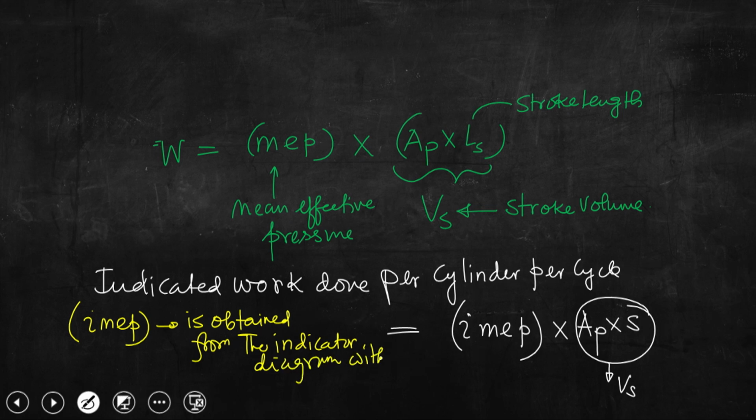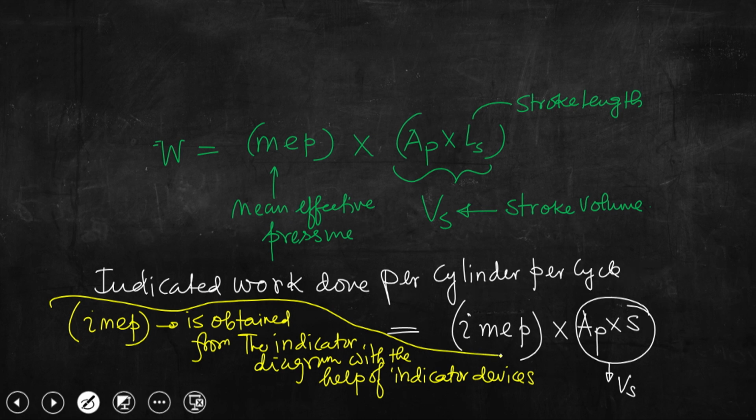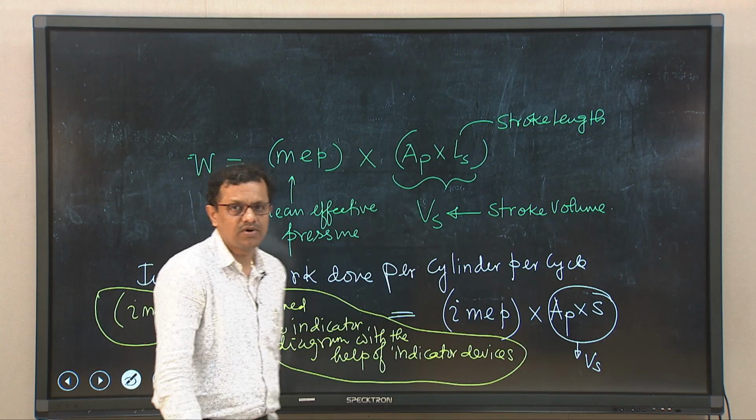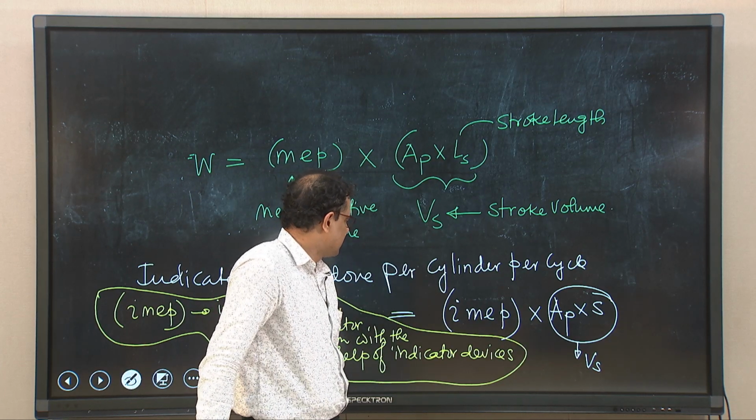with the help of indicator devices. So, this is very important to know that indicated mean effective pressure can be determined or calculated using the indicator diagram with the help of indicator devices.